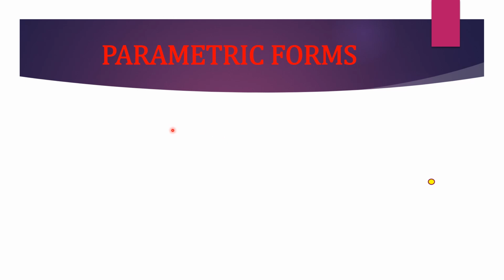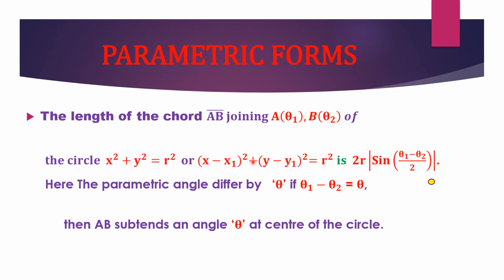Now we find the length of the chord in the parametric form of the circle x square plus y square equals r square, or x minus x1 whole square plus y minus y1 whole square equals r square. Here one circle passes through the origin, or we take one that does not pass through the origin. Now this is the form of the circle equation.